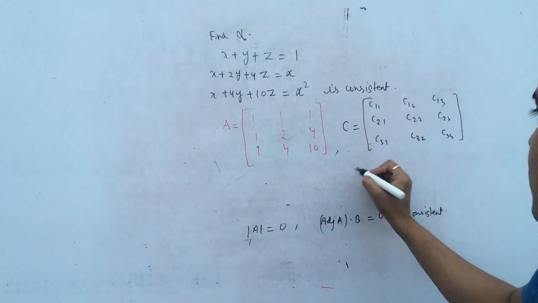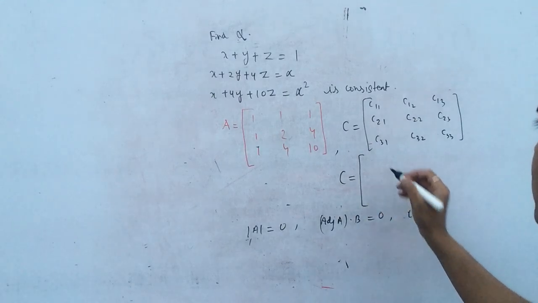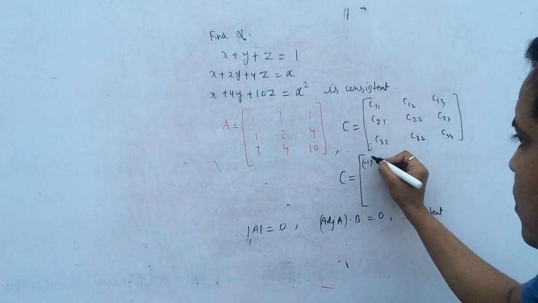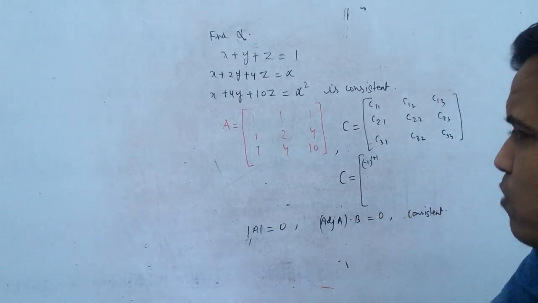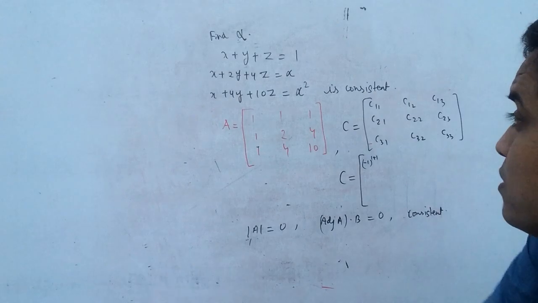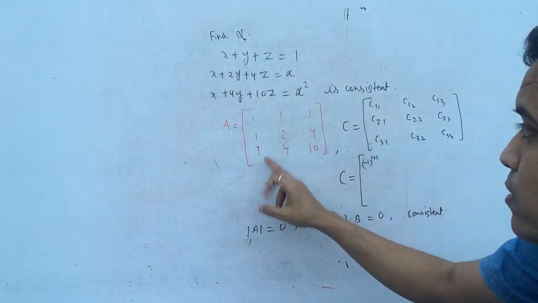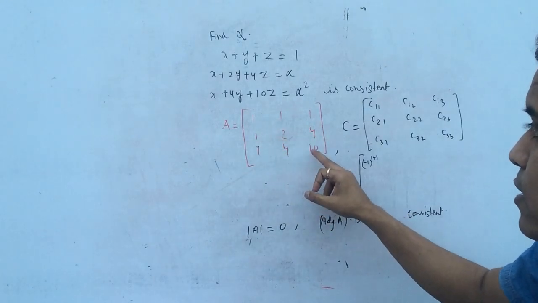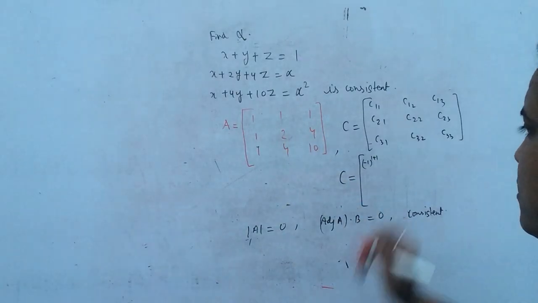If you want C11, the formula is minus 1 raised to power 1 plus 1 and the minor, the value of the minor after removing the first row and first column. What did you get? 2 4 4 10. Solve it: 20 minus 16, it is 4.